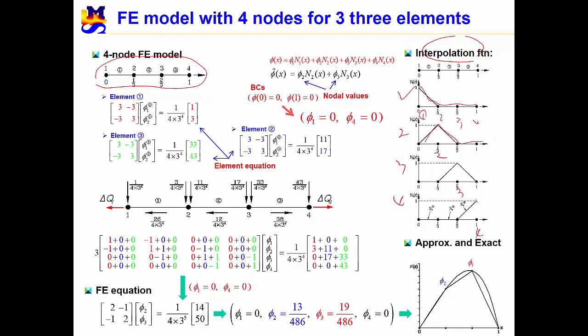The linear combination of these 4 interpolation functions, that is, the addition of interpolation function Ni multiplied by phi i, becomes the trial function as formulated here. Note that phi i is the nodal value of the function we want to seek. Of course, some are known in essential boundary conditions. In this problem, phi 1 and phi 4 are known as zeros.